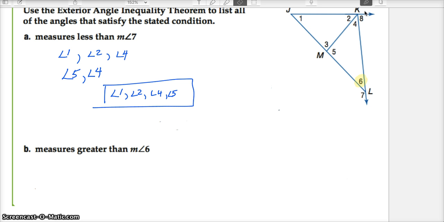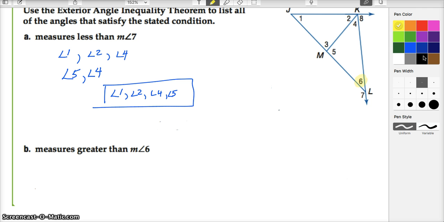And I see here's an exterior angle right here. If I look at the larger triangle, angle 8 is an exterior angle, and remember, exterior angles are always greater than each of the remote interior angles, so I can already say that angle 8 fits the bill.